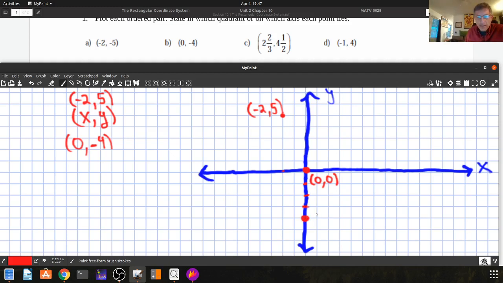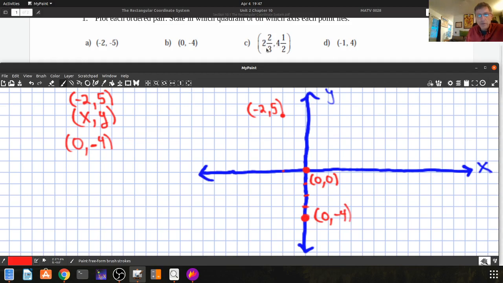So the point that I want to get actually lies on the y-axis. And right there is the point 0, -4. These little lines right there were me just counting off. This is the point it corresponds to.